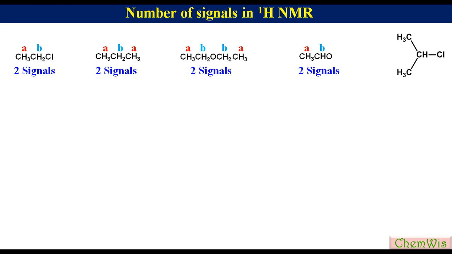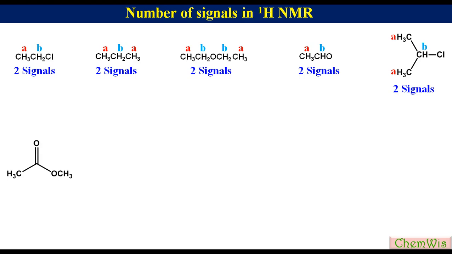Label the CH3 as A and CH as B. Since the second CH3 has the same environment as the first one, it can also be labeled as A. So isopropyl chloride with two different sets of protons will show two signals in the proton NMR.